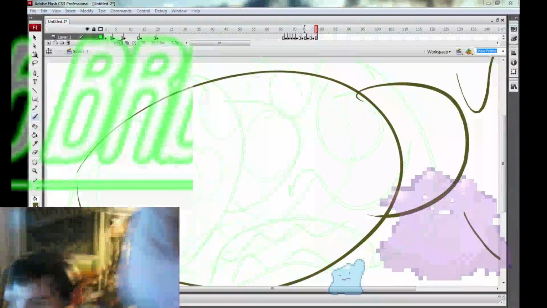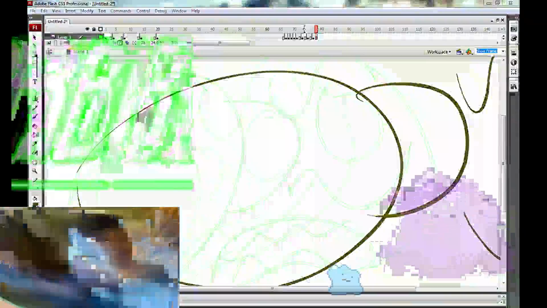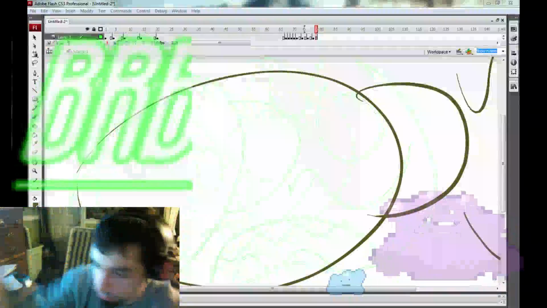Between 1 and 17. And now in slow motion, we're moving back and forth through the in-betweens. Now at speed.